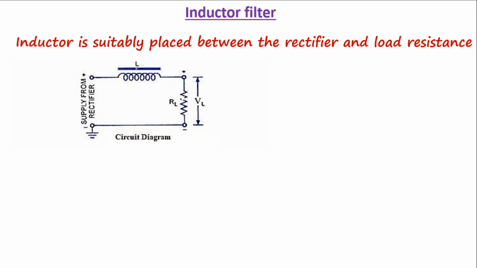You have learned in your earlier classes that an inductance coil has an impedance, and it has a reactance part which offers resistance to the input AC voltage, or to the AC component.